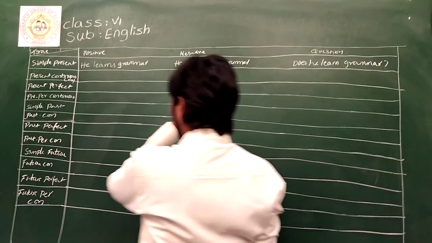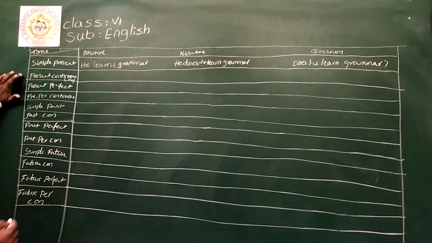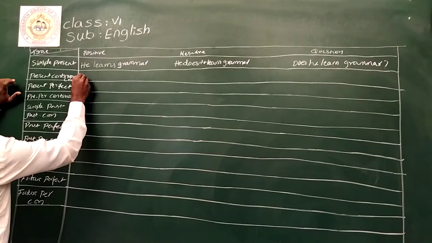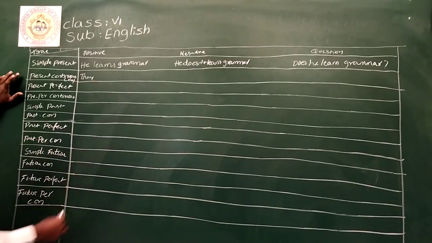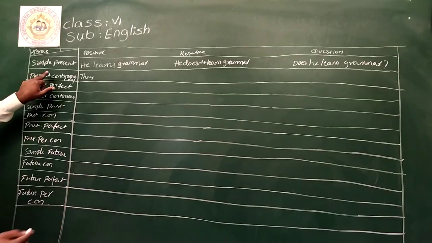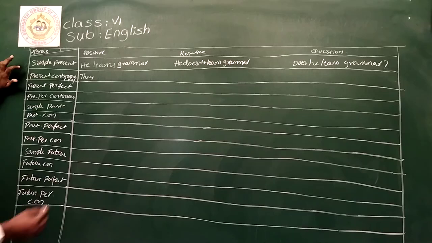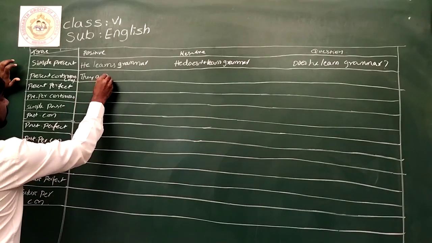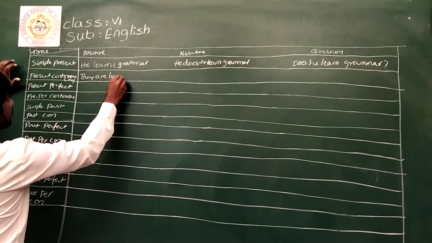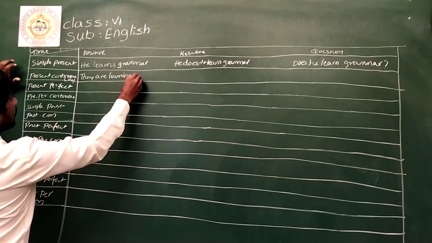Question mark. Present continuous. I am using the plural form, they. The continuous auxiliary verbs are is, am, are. I used to write is, am, are here, but in the next table I will give you. So, they are learning grammar.